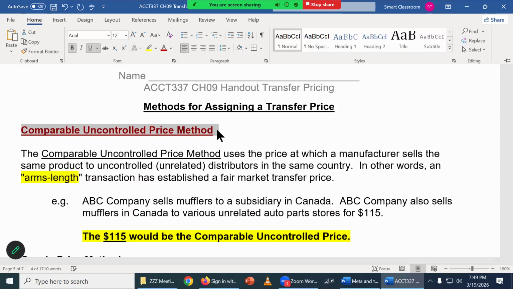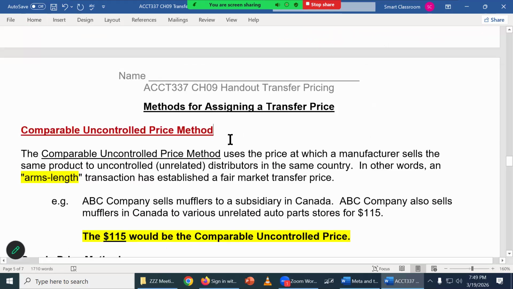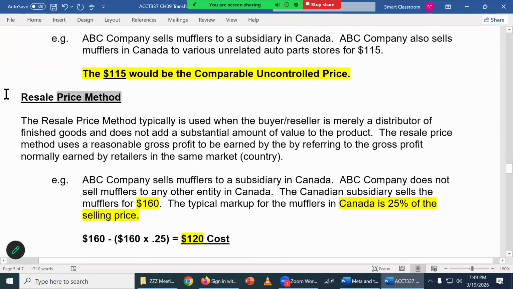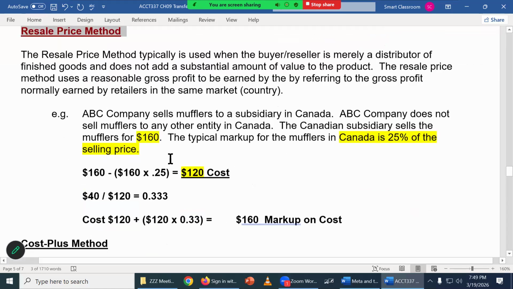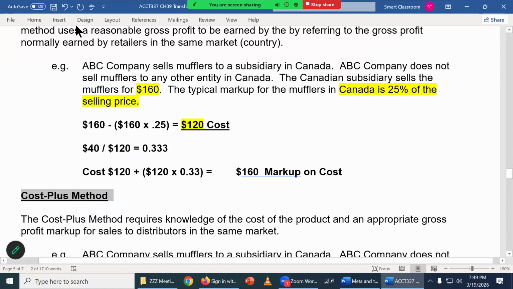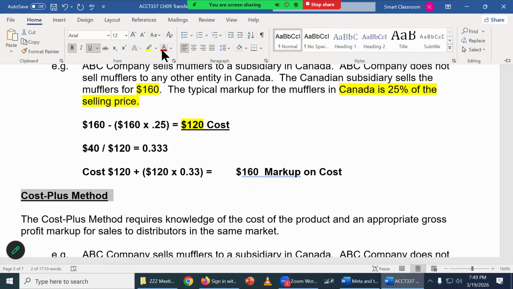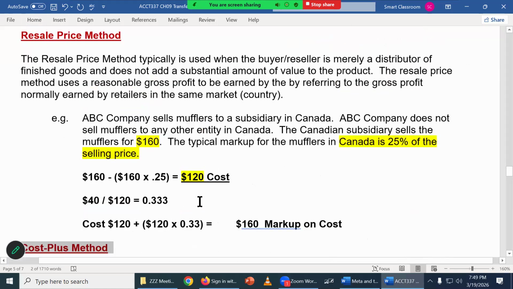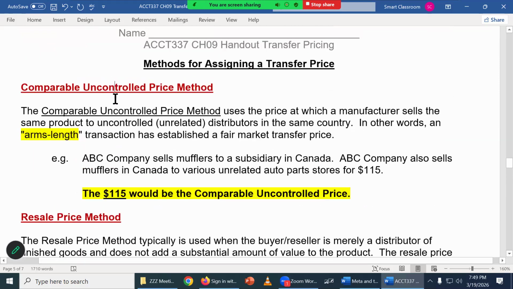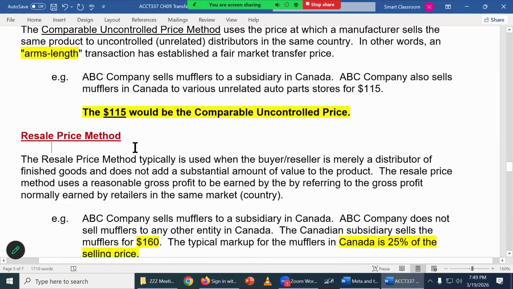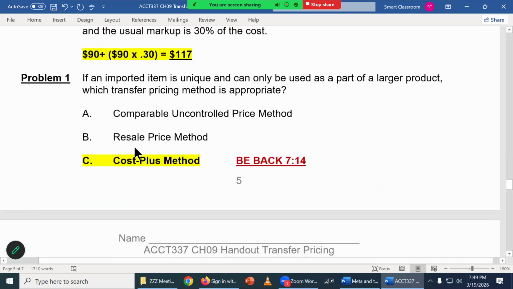There are actually a couple more than this, but the other ones are not as commonly used. So these are the methods that countries will allow. And if you don't use those, you're kind of opening yourself up to getting hit with taxes. So you have to have your documentation, ducks in a row, to use one of those three methods.